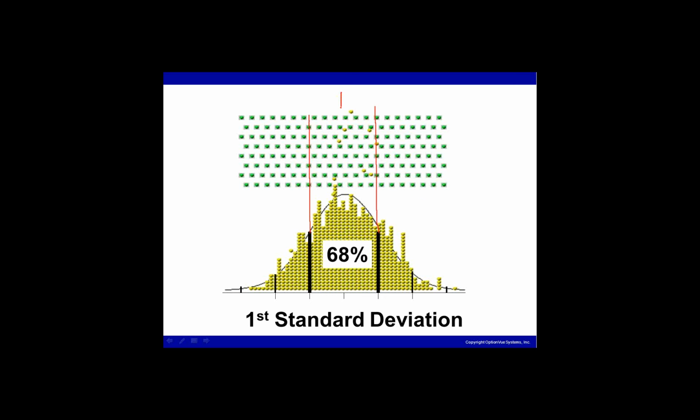When a ball comes down from the top and starts bouncing around, out of 100 balls, how many are going to strike the border of the first standard deviation on either side?